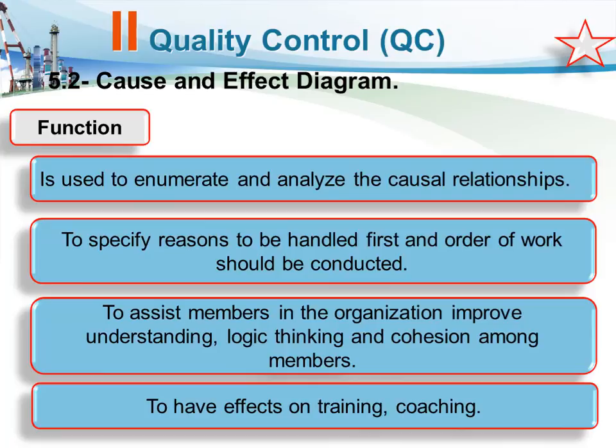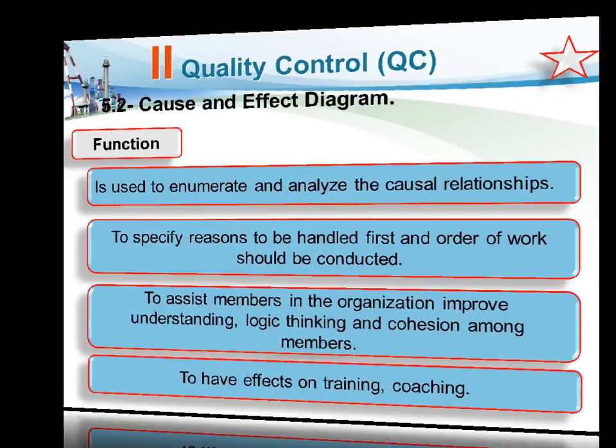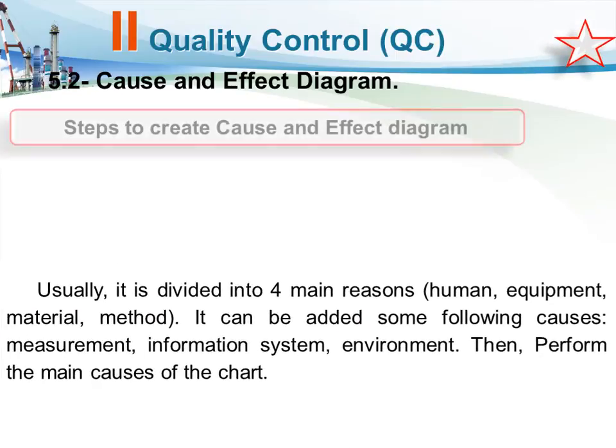It also specifies reasons to be handled first and order of work should be conducted. To assist members in the organization, improve understanding, logic thinking, and cohesion among members. To have effect in training and coaching too.